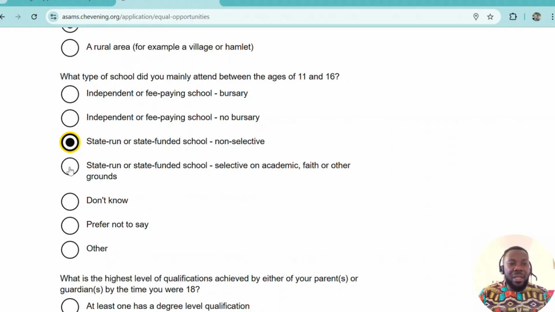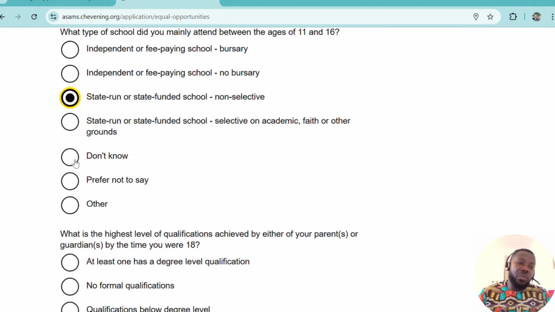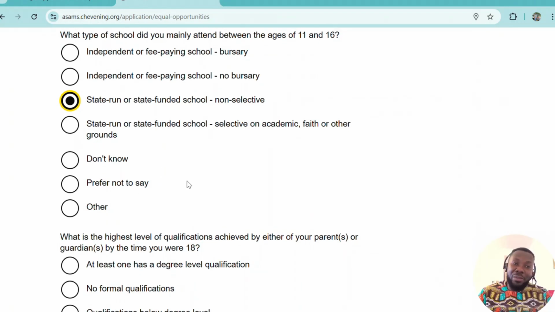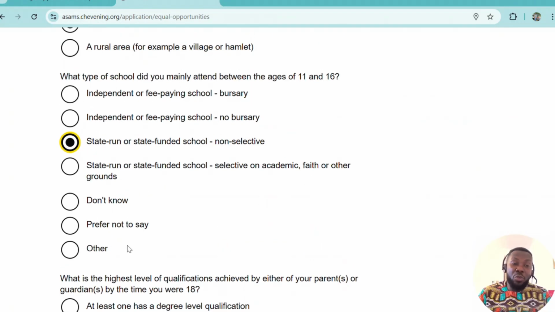And in Ghana, this kind of option doesn't exist. If you don't know, of course, you can say you don't know, because this might be quite UK specific and you might not find the closest in your country. So you can say you don't know or others. If you select others, you may be asked to specify, but yeah, we know about this one.